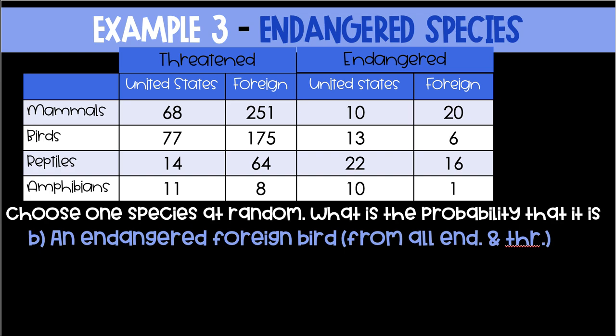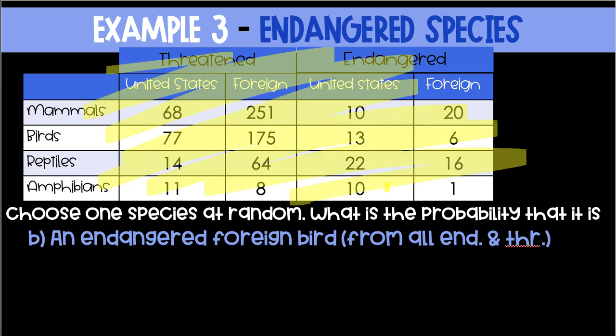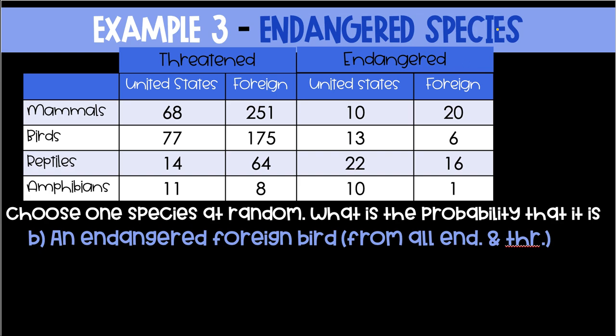If we choose one species at random, what's the probability that it is an endangered foreign bird from all of them? Remember, all of them in total, we had 766.